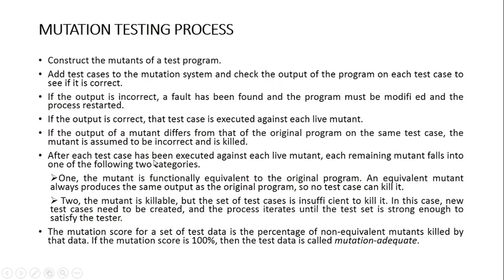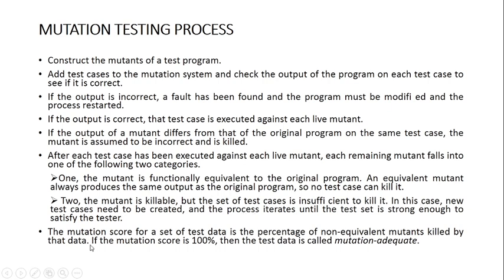After each test case has been executed against each live mutant, each remaining mutant falls into one of two categories. First, the mutant is functionally equivalent to the original program. An equivalent mutant always produces the same output as the original program, so no test case can kill it. Second, the mutant is killable, but the set of test cases is insufficient to kill it.